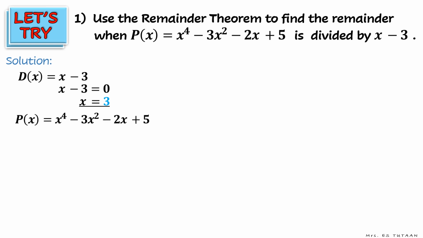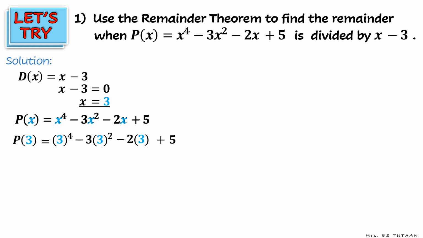And then, ang ating p of x ay isa-substitute natin ang value ng x sa lahat ng variable sa ating p of x. So, that means to say, ang p of x ay magiging p of 3, that is equal to 3 raised to the 4th minus 3 times 3 squared minus 2 times 3 plus 5.